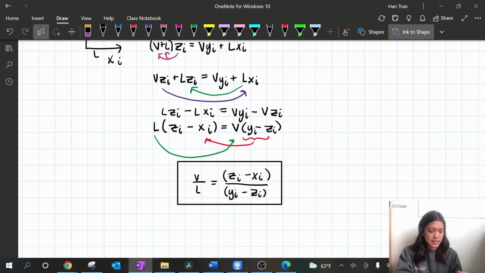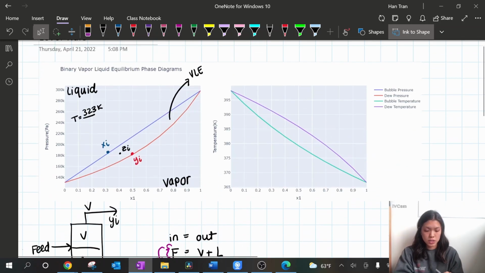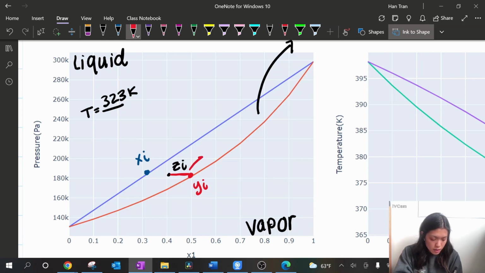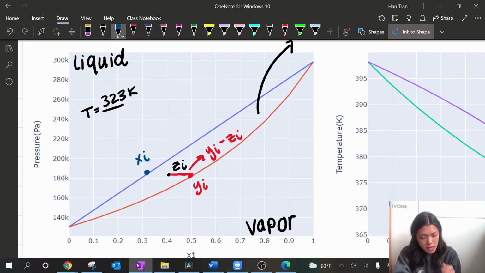What it's saying is that the ratio of the vapor and the liquid is also the ratio of the differences between the mole fractions. If we look back up here at our diagram, this side here is the vapor mole fraction minus the feed mole fraction, and this side here is the feed mole fraction minus the liquid mole fraction.